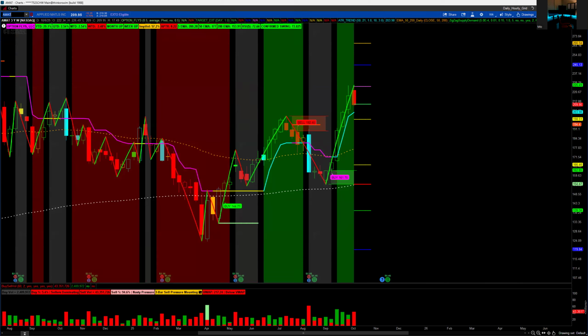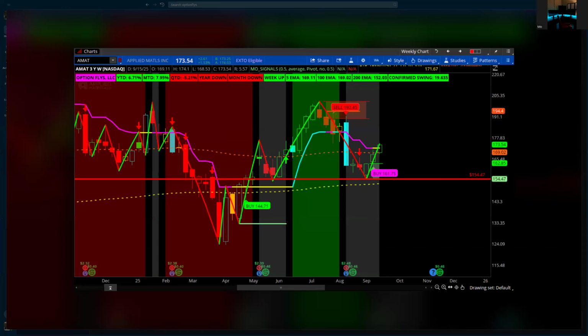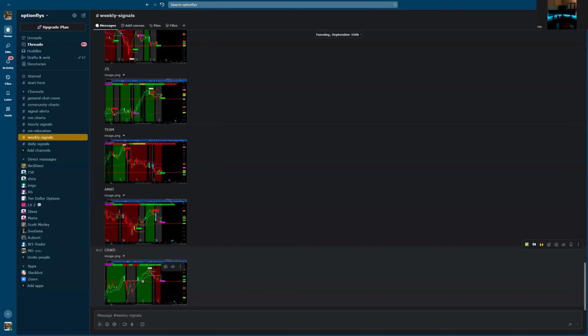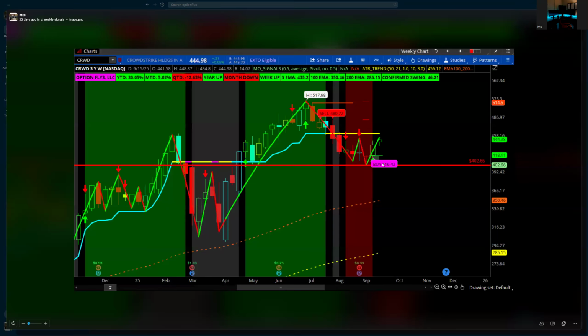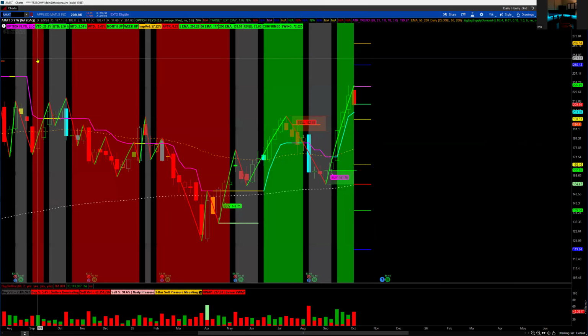If you look at it that way, you just expand your time horizon quite a bit, because you're going to a much higher time frame that you don't need to sit and babysit your everyday candles. This is CrowdStrike that came up that time. That has a mean reversion as well. That one 416, right?